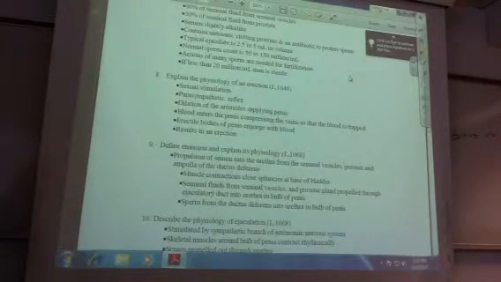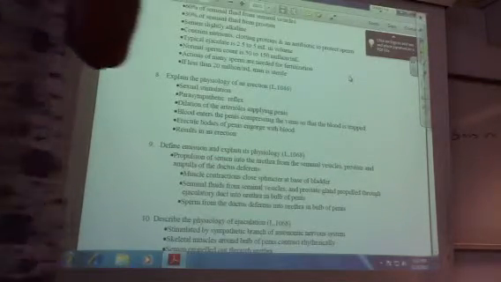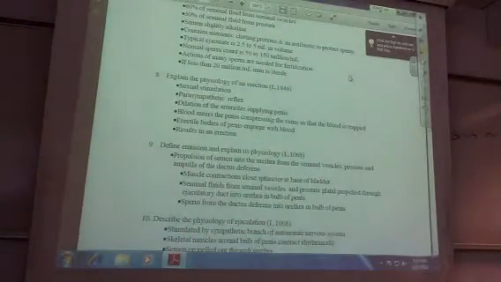What would be the reason for that? Remember, where are the sperm deposited in the female tract? Right up at the mouth of the cervix, what they call the external ostium.